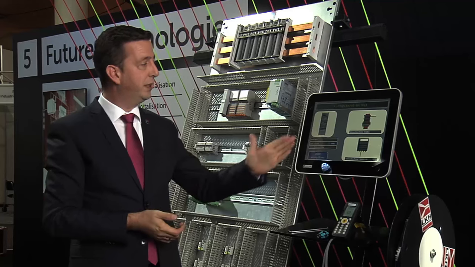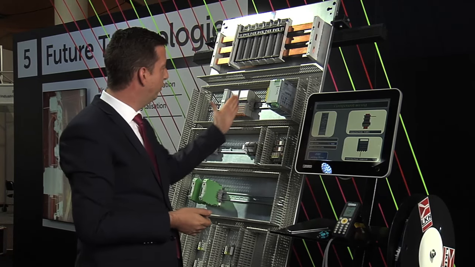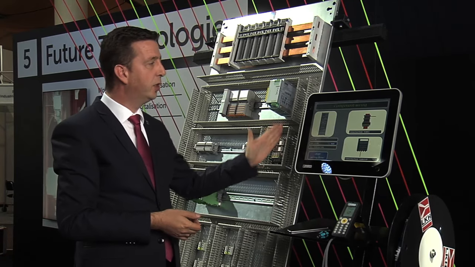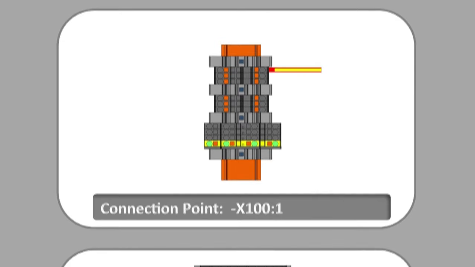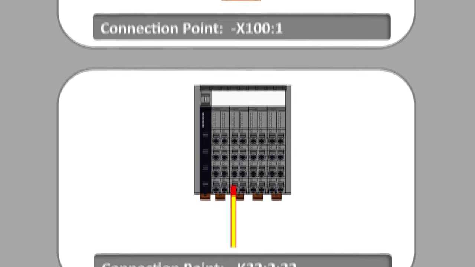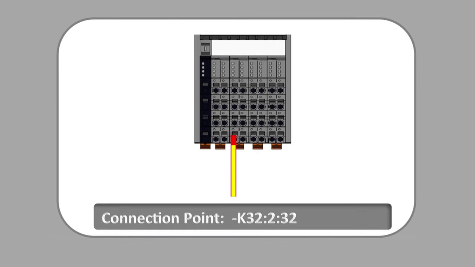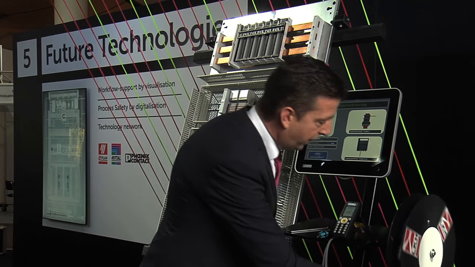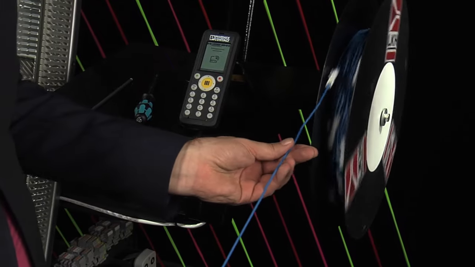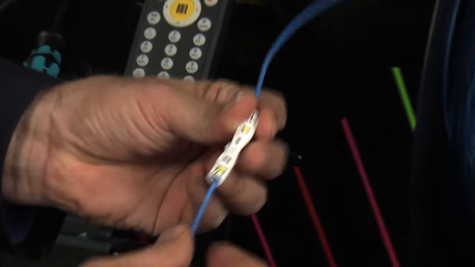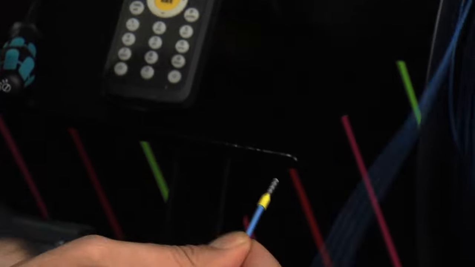And now we can see that wire number 1 is to be routed from here to the terminal block, and that it has to be hooked up to connection point number 1 on the block, and to connection point 32 on device K32. We take the corresponding pre-assembled wire. All the cut-to-length wires are attached to each other in the right sequence on the reel.